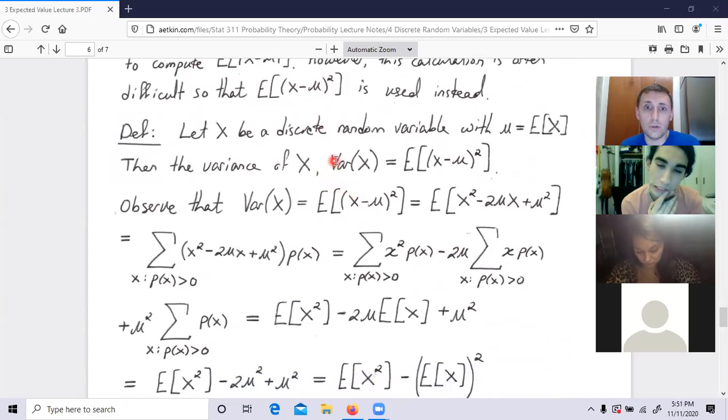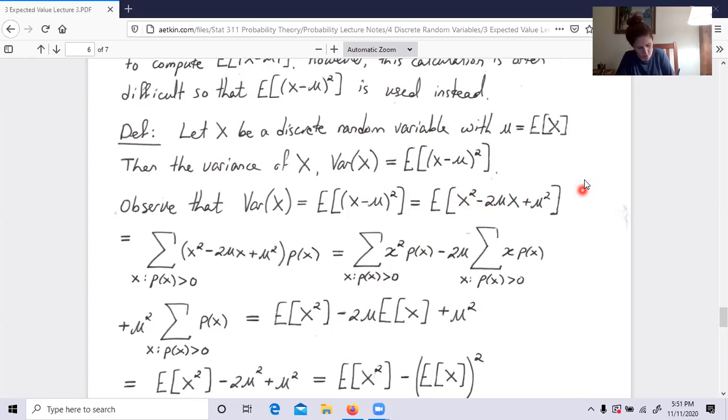So here it is. It's called variance. Variance of x is the expected value of x minus mu squared. Okay? And so I can carry out the following calculation. If I square, I get x squared minus 2 mu x plus mu squared. And now you remember, this is a function, right?